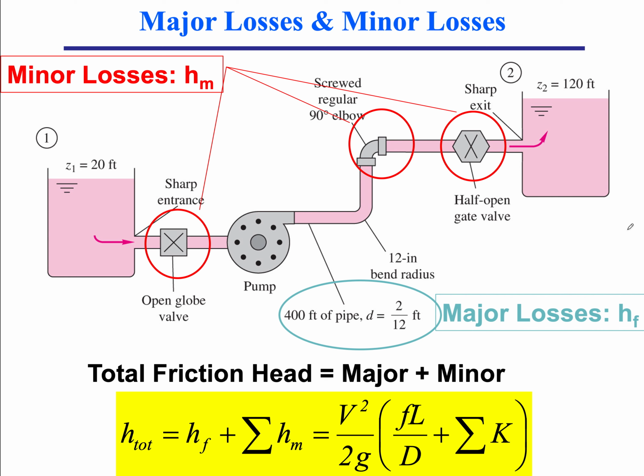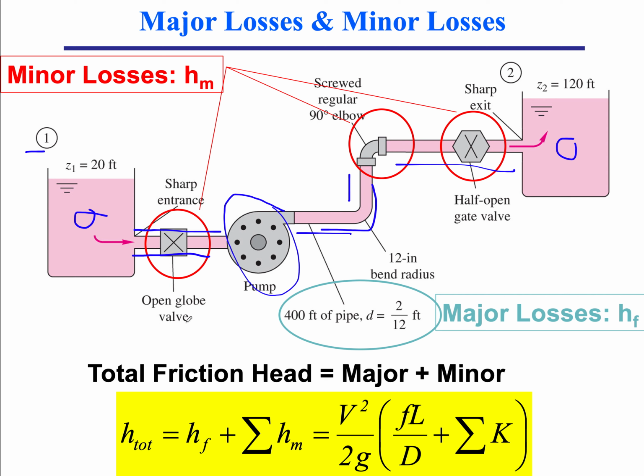Now, if you look at a piping system, so here you have reservoir A, reservoir B, you're moving fluid from the first reservoir to the second reservoir through a piping system, straight segments of pipes, and here you have a pump that helps you push the fluid against gravity. But also you have those pipe fittings.